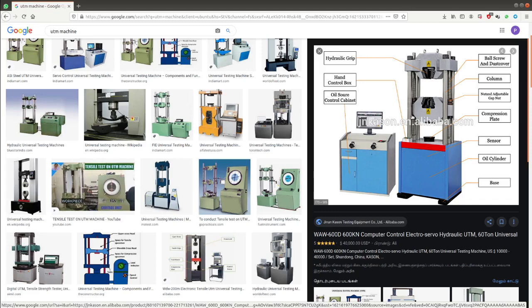Here we have buttons. With these buttons we will be able to control the movement of this movable crosshead. Okay, so that's about this machine. Now let's see what are the things we could know from this.